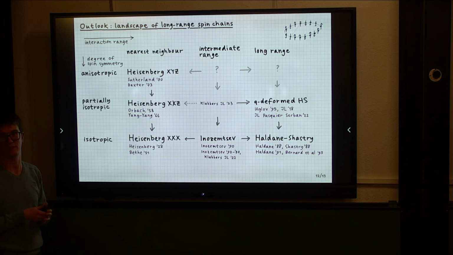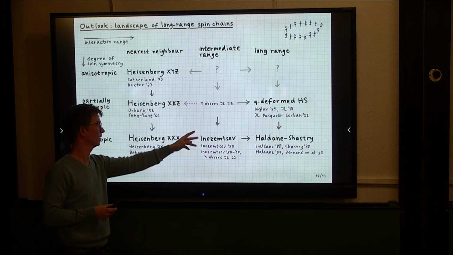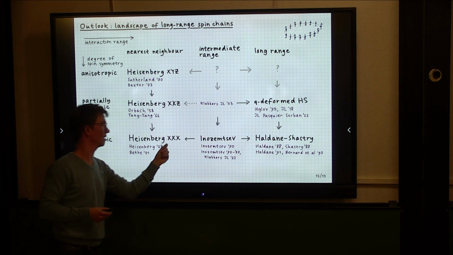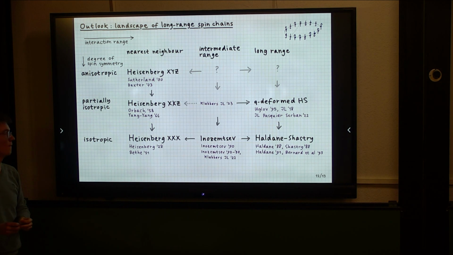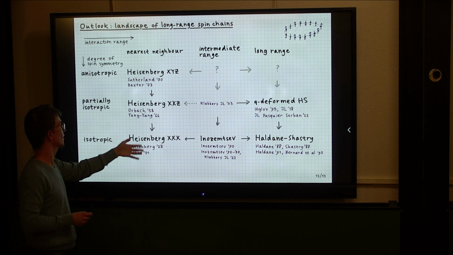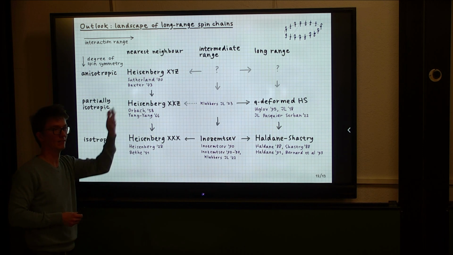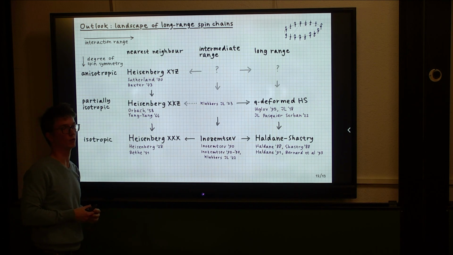It involves specifically some elliptic function, and the imaginary period allows you to tune the interaction range. And now, of course, we know that Heisenberg has all these generalizations, where XXZ is very easy by integrability, and then XYZ becomes much more complicated.